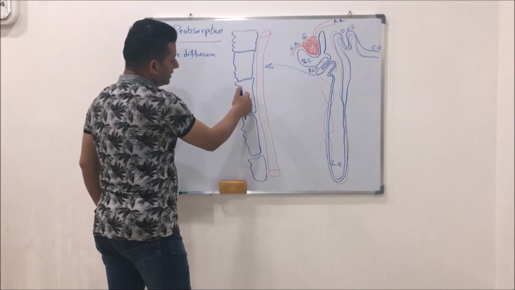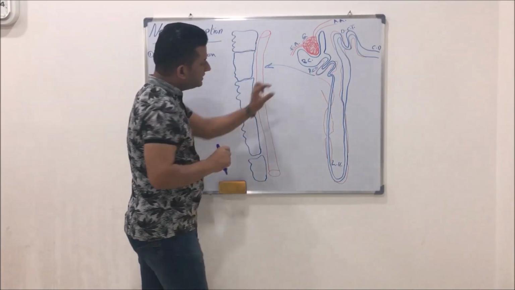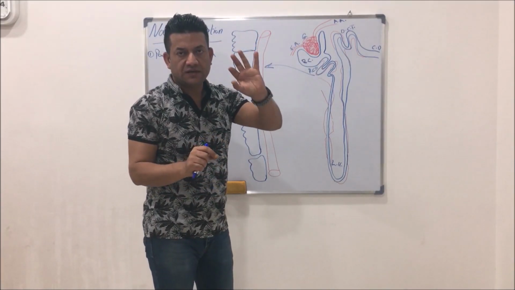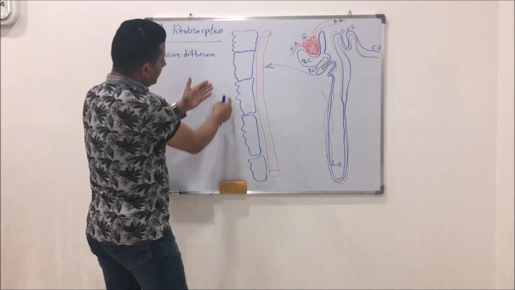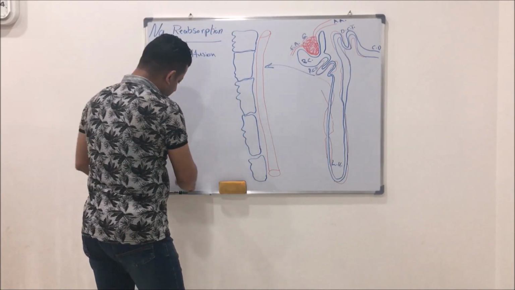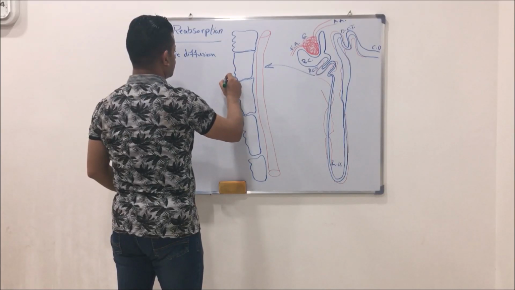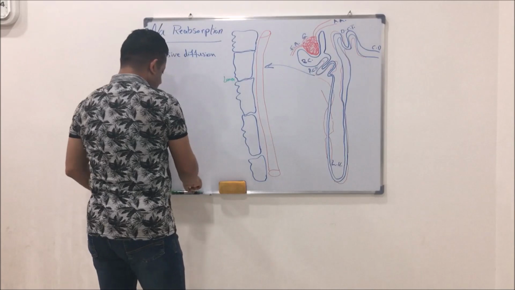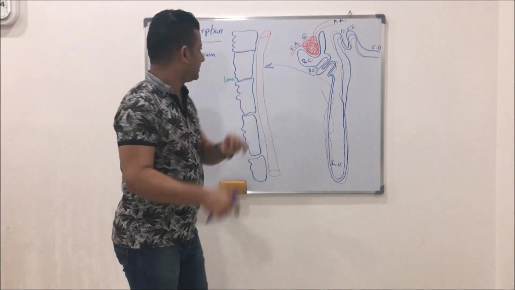And these are the tubular cells. We have magnified part of the tubular cells to explain them. And this here is the lumen, the lumen of the tubular structure.